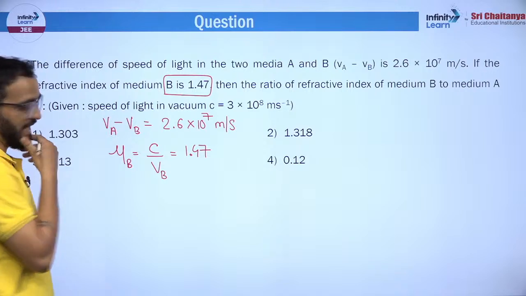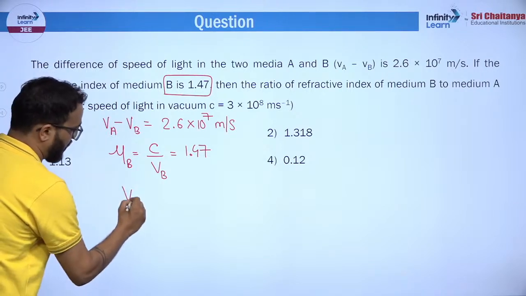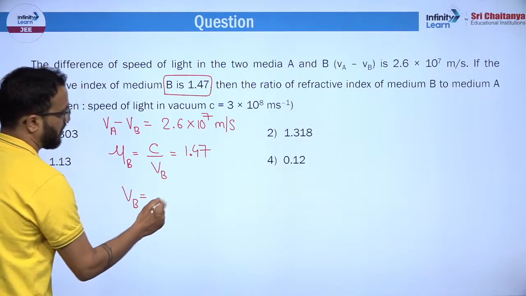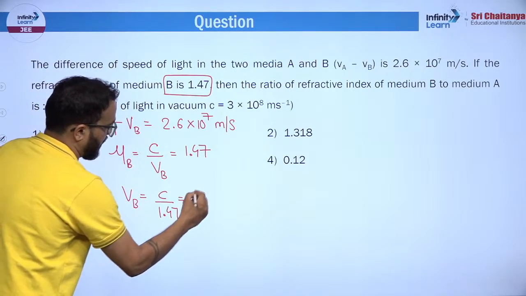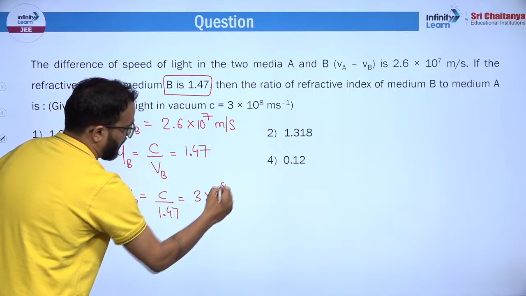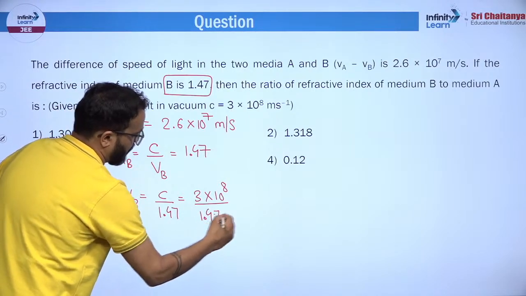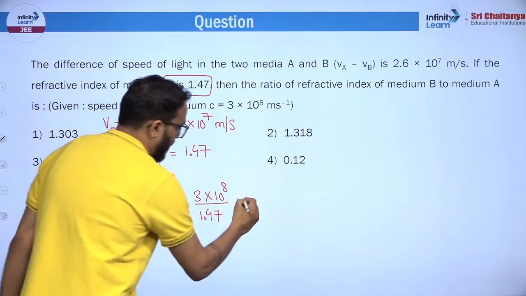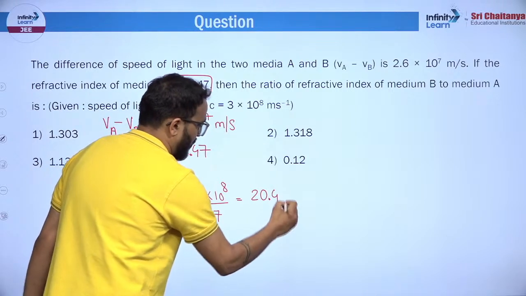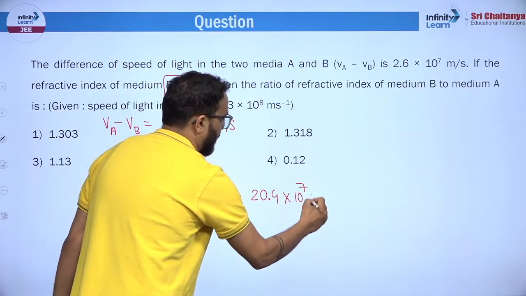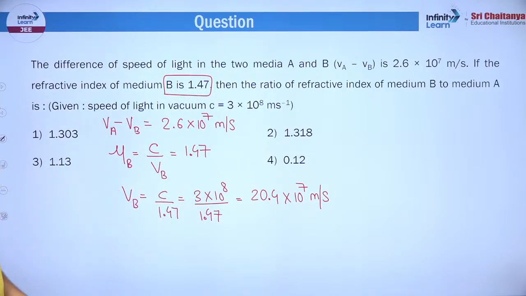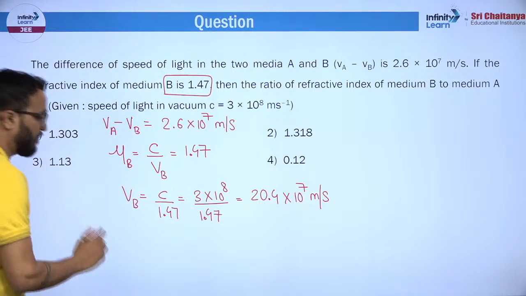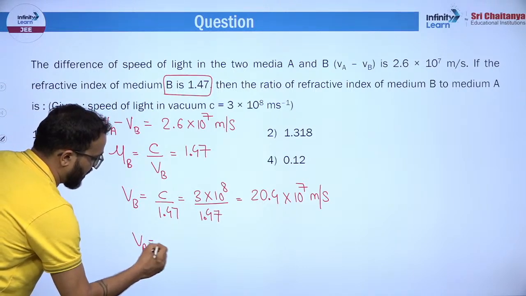ओके, तो आई गेस अब यहाँ से VB पता कर लोगे, तो VB कितना हो जाएगा? ये हो जाएगा C अपॉन 1.47. तो ये कितना है? 3 इंटू 10⁸ अपॉन 1.47. तो जब आप इसको सॉल्व करेंगे तो आ जाएगा 20.4 इंटू 10⁷ मीटर्स पर सेकेंड. गॉट इट? अब ये थोड़ा सा कैलकुलेटिव हो गया यहाँ पर. अब यहाँ से हम बोलेंगे VA कितना हो जाएगा?